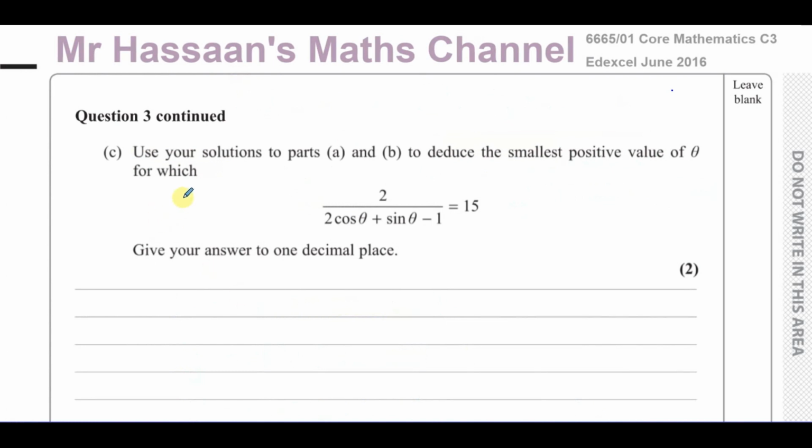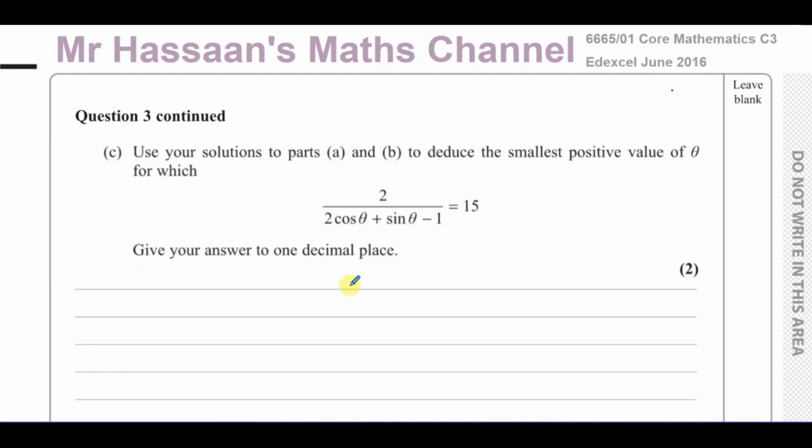It says, use your solutions to parts A and B to deduce the smallest possible positive value of theta for which 2 over 2 cosine theta plus sine theta minus 1 equals 15. Give your answer to one decimal place.